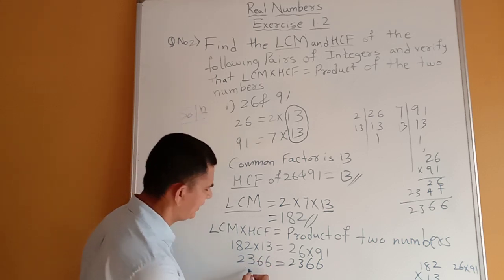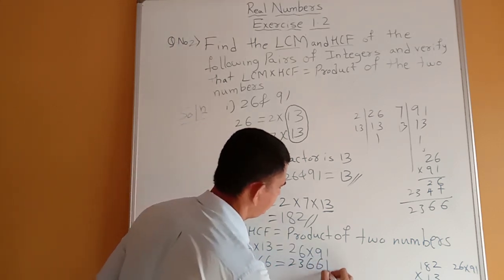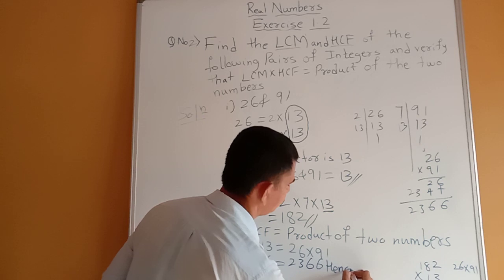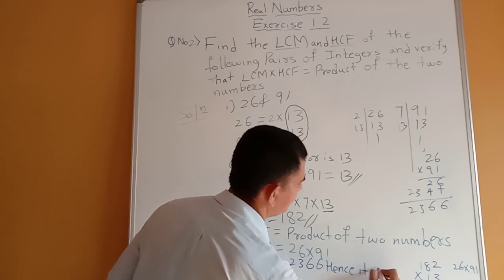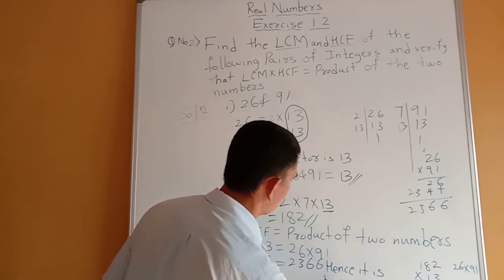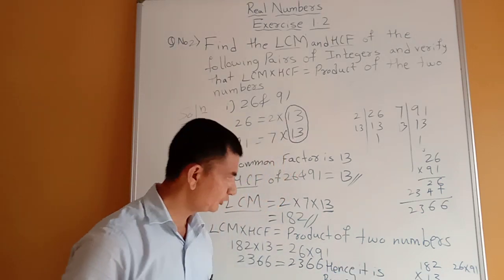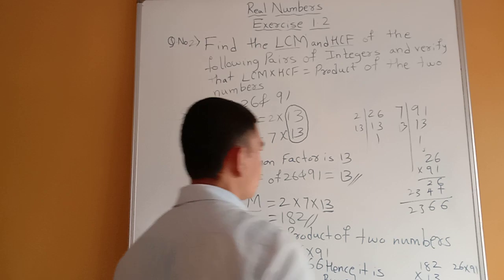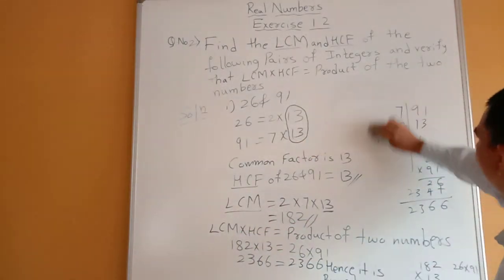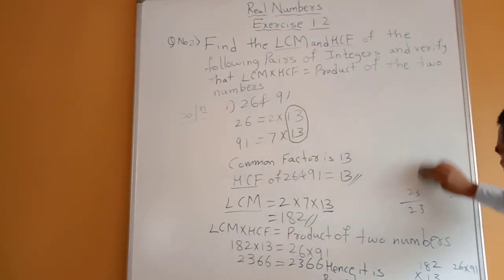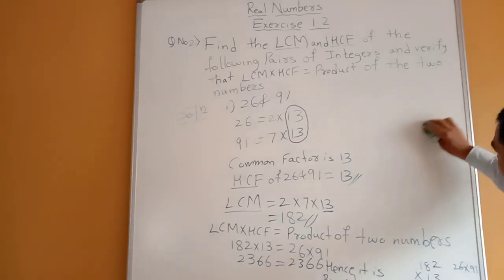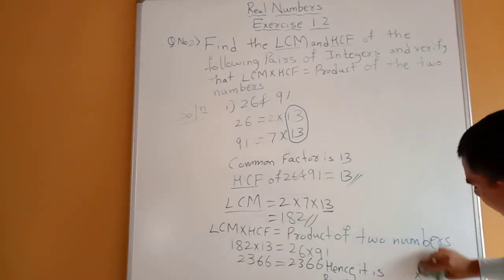Now we can write here, hence it is proved. Okay. Hence it is proved. One more time I am going to explain; till then you can pause and write all that.